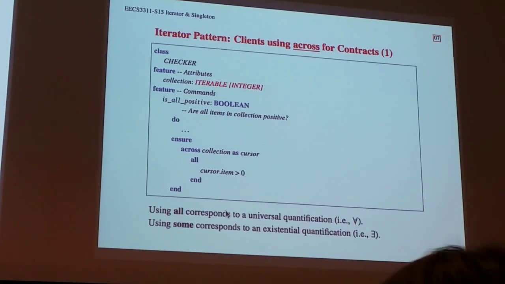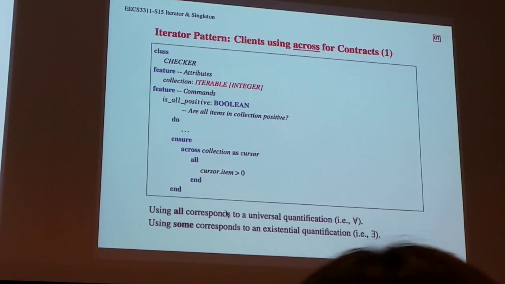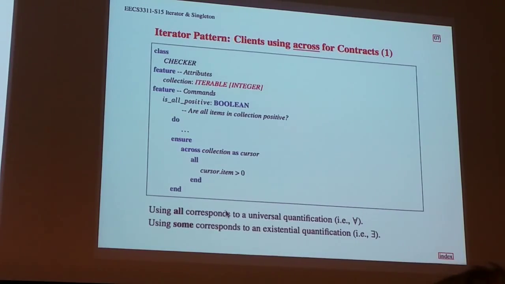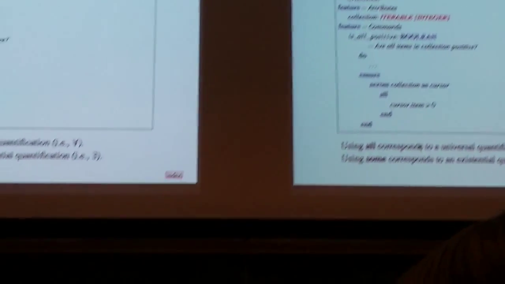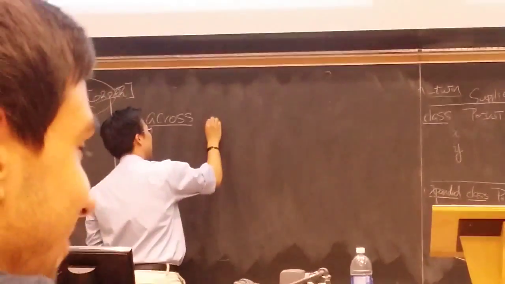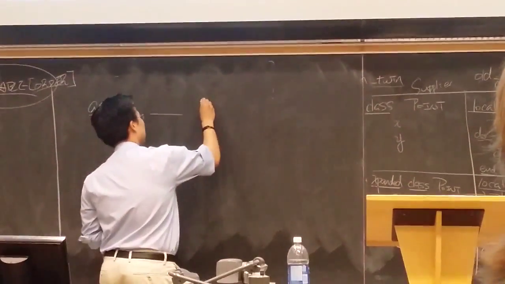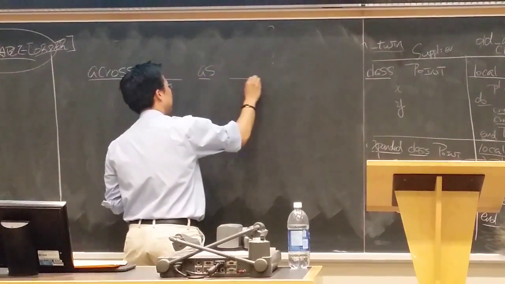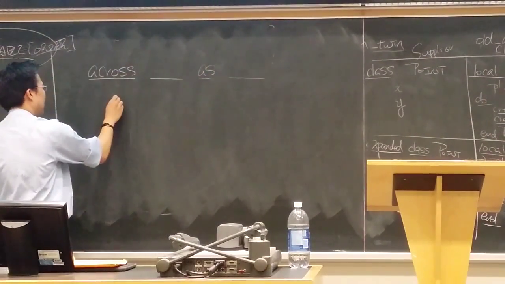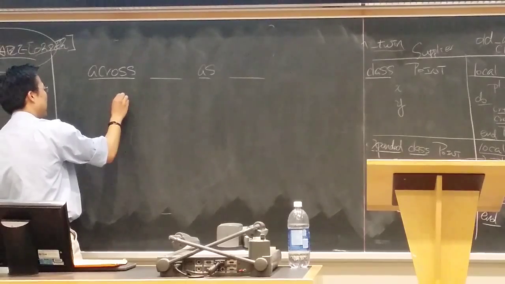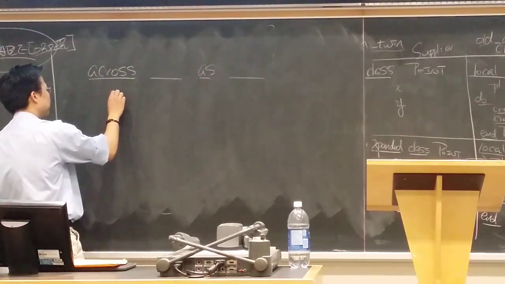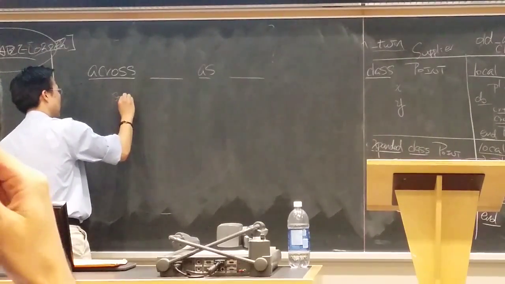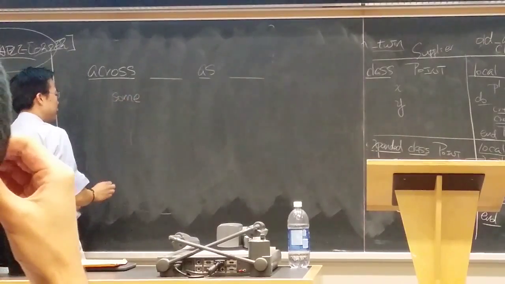So now for the cross syntax, we have to pay attention to that. The syntax for a cross, let's just worry about the syntax for now. Cross, so this is a placeholder here. Cross S, another placeholder here. And then here we can have different keywords. Let's say, let me just use one of them.